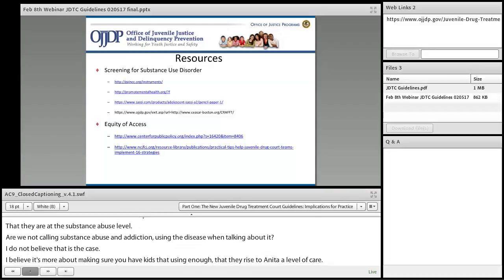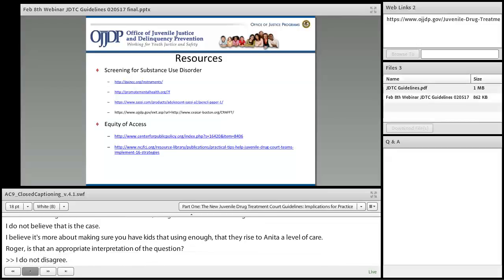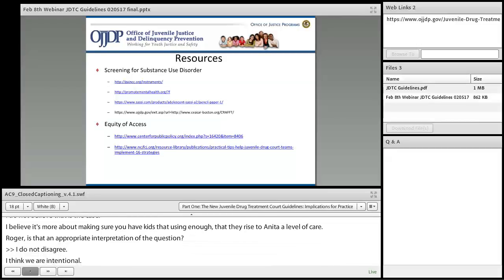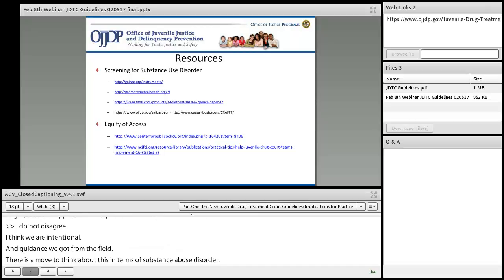I don't disagree with what you're saying. I think we were intentional, and this was guidance that we got from the field, that there's a move to really thinking about this in terms of substance use disorder. If you look at the guidelines themselves, there are some connections to where you go to get more information about what's included in that.